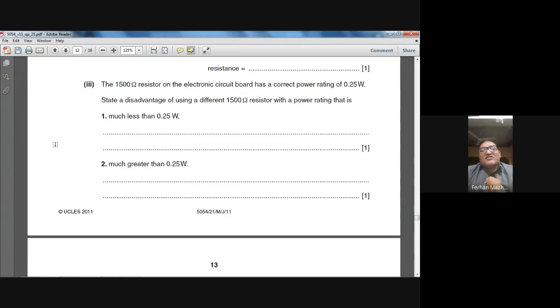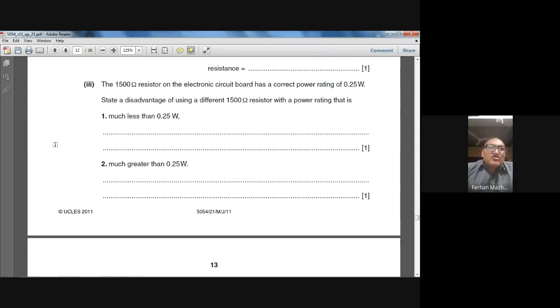When the physical size of the resistor is larger, on the circuit board, or motherboard, we have a certain space to install the resistor. We have a certain space available to attach that resistor.